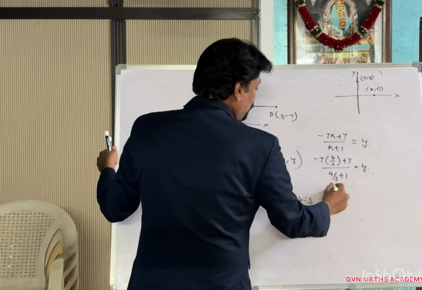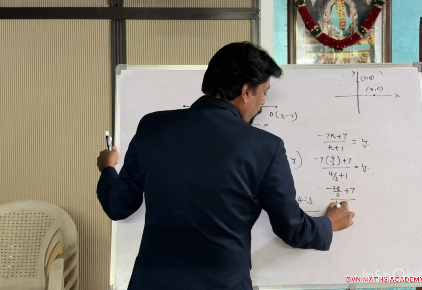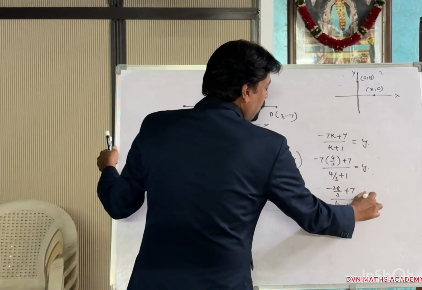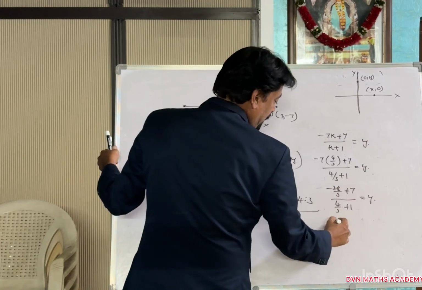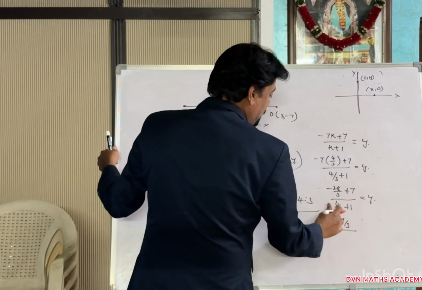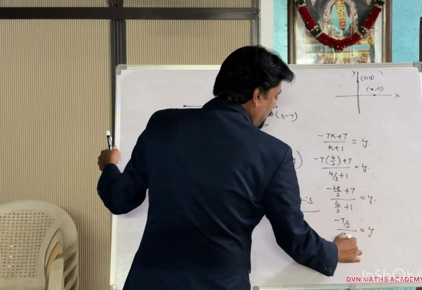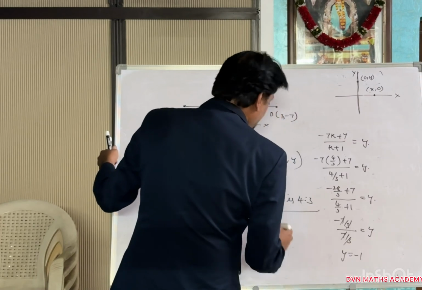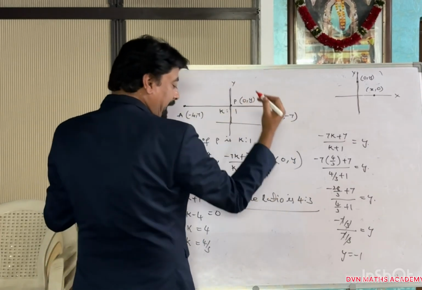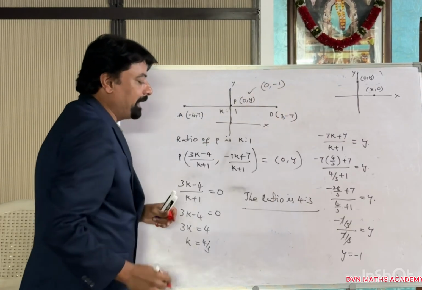So this is (minus 28 by 3 plus 7) by (4 by 3 plus 1) is equal to y. So this is minus 28 plus 21, that is minus 7 by 3, over 4 plus 3, 7 by 3, is equal to y. 3, 3 cancel, 7, 7 cancel. y is equal to minus 1. Therefore, the point on the y-axis is (0, minus 1), because I got the y value as minus 1.